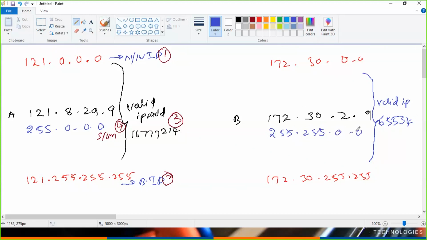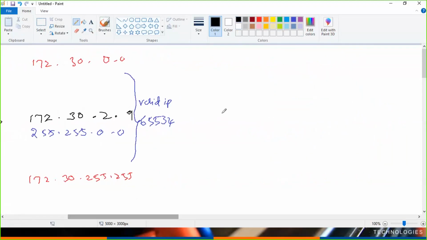Okay. Next, 192.168.5.9. Which class IP address is it? Class C. Network ID, broadcast ID, valid IP addresses, subnet mask, quickly.